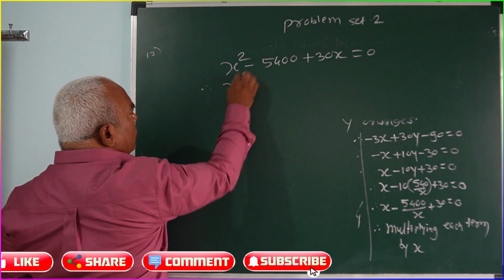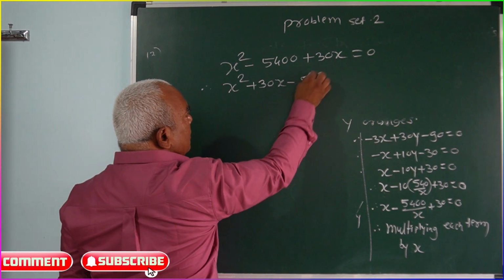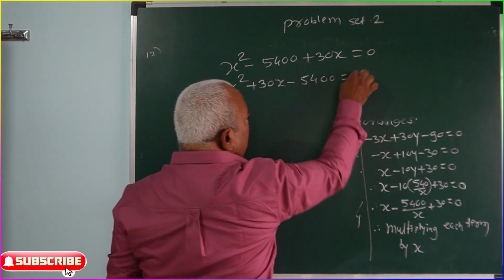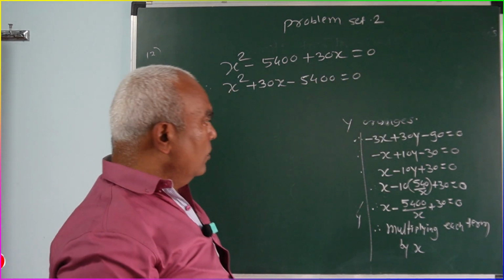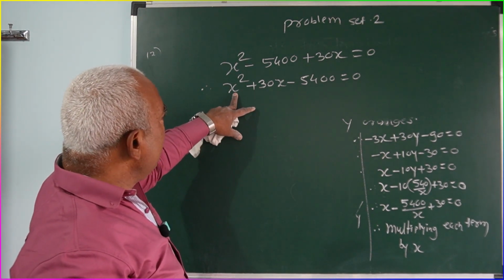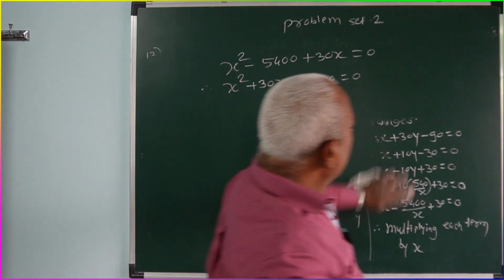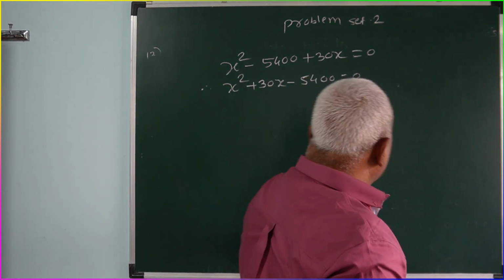Then in standard form it will be x square plus 30x minus 5400 is equal to 0. Now we have to solve this equation.